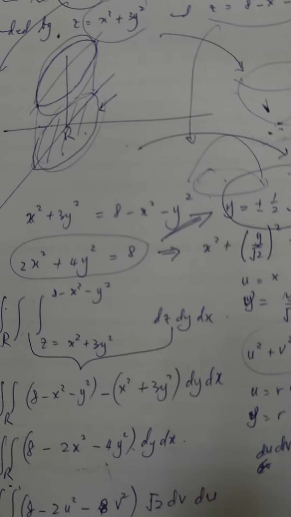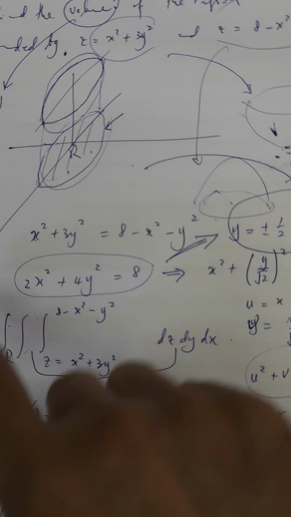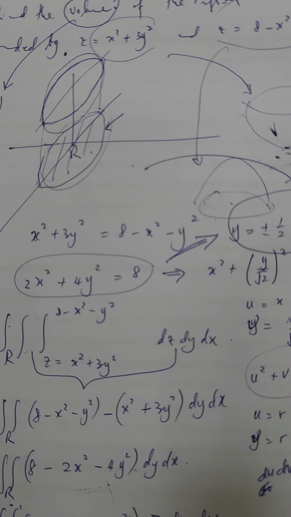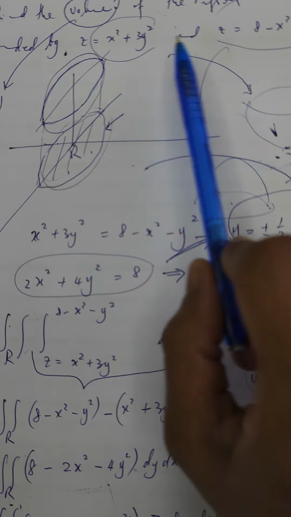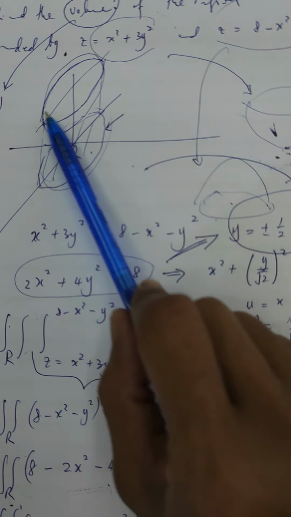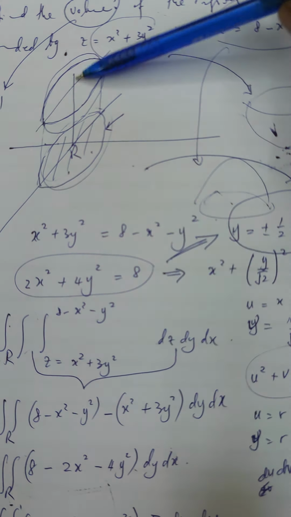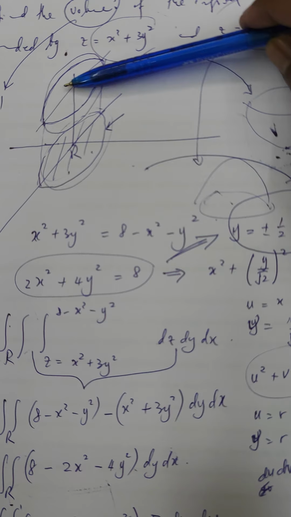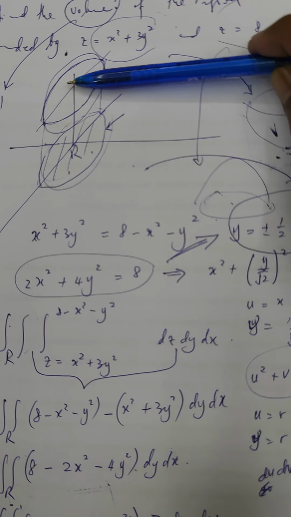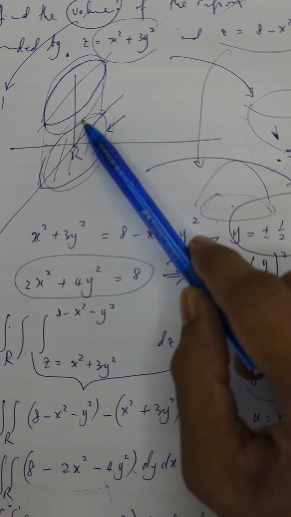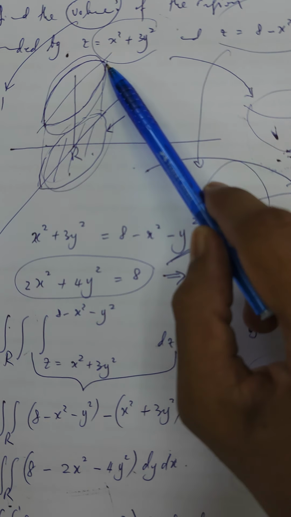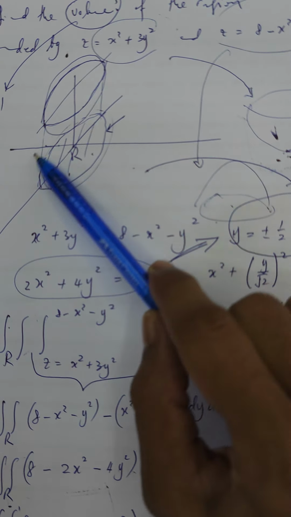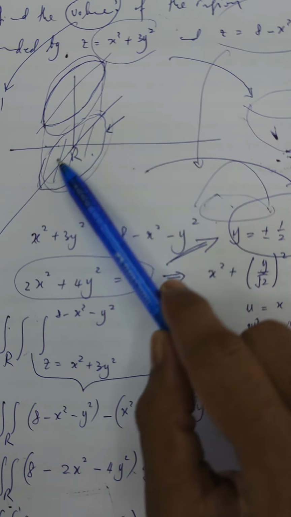So what I did, again, let me recap this. From the given question here, we find the region and try to sketch it, and we know that it involves a triple integral. Then we can always look at z positive, and the region projected onto the xy plane gives you the region R here.